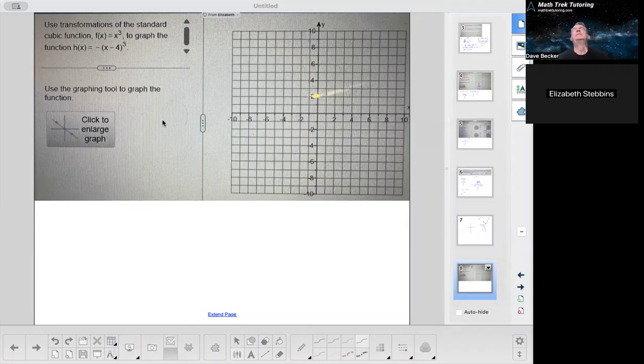I am going to send you parent function shapes. Actually, I'll just put them in the notes.